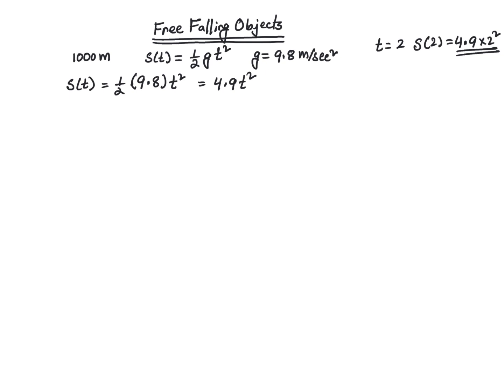Velocity is defined as the change in position with respect to time, which right away tells me the following: the velocity of the object as a function of time is going to be the derivative of s with respect to t, ds over dt.